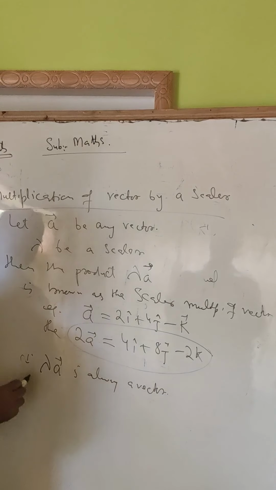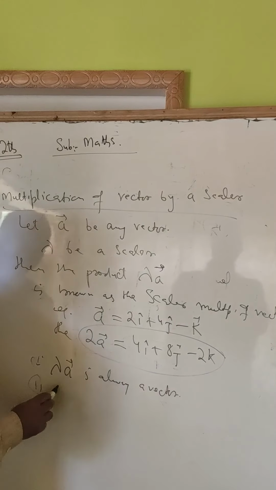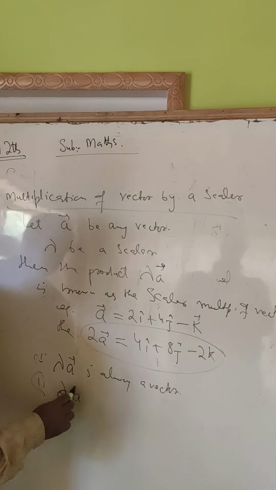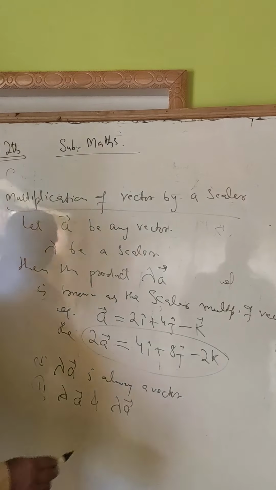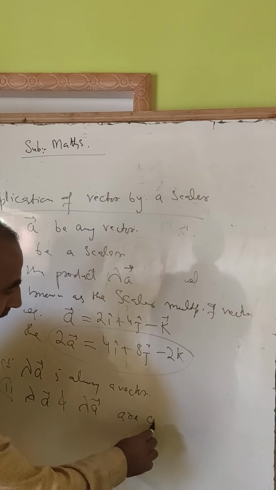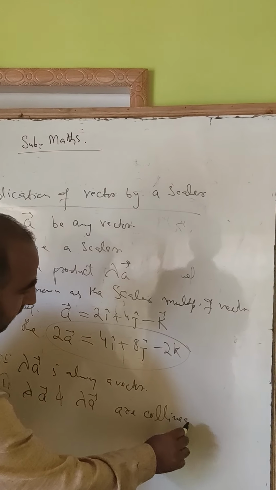Number first. Number second, lambda a vector and a vector, they are collinear. Means they lie in the same line.